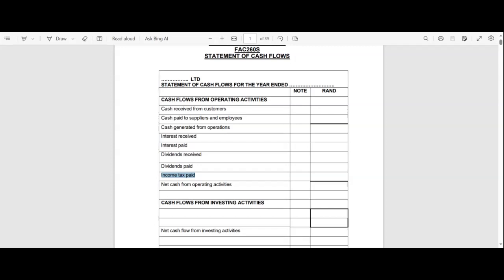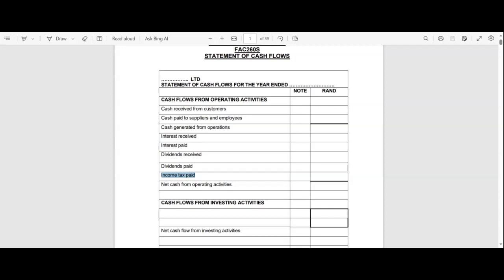So everything that we've paid to the various revenue services all over the world, everything that we've paid in terms of taxes will be shown as income tax paid. Whereas the income tax expense was our estimate at the end of the year, what we believe the income tax expense would be. And we know that we can have a whole objections and appeals process with the revenue services if they do not agree with our estimates.